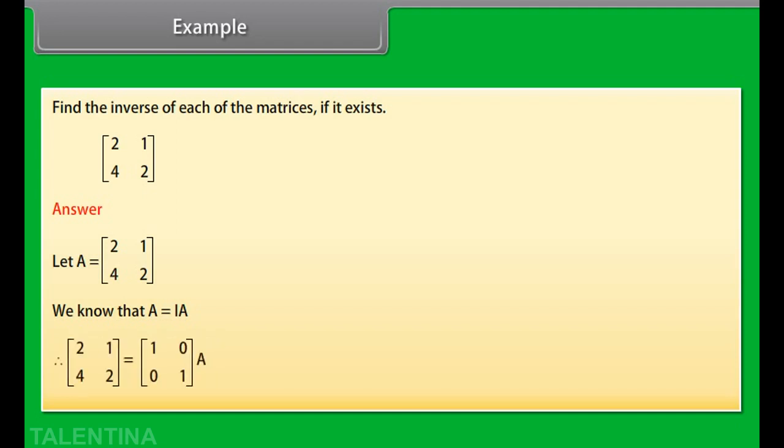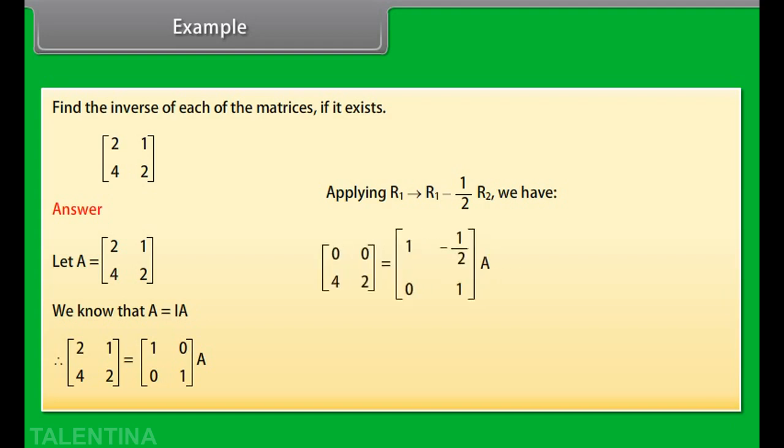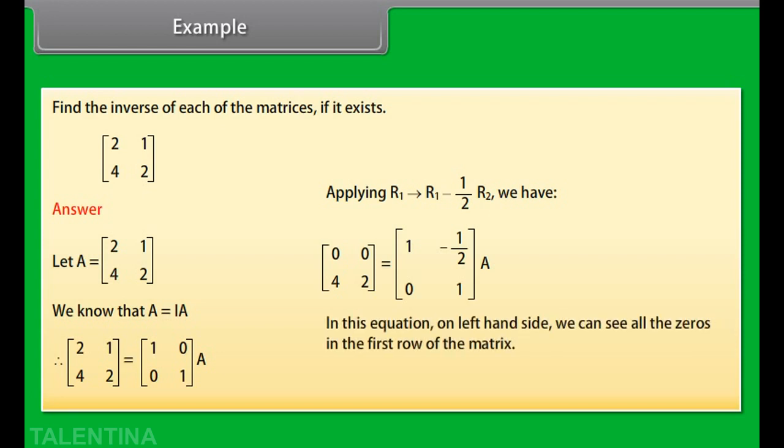Therefore, [2 1; 4 2] is equal to [1 0; 0 1] into A. Applying R1 changes to R1 minus 1/2 of R2, we have the matrix [0 0; 4 2] is equal to [1 -1/2; 0 1] into A. In this equation, on the left hand side, we can see all zeros in the first row of the matrix. Therefore, A inverse does not exist.